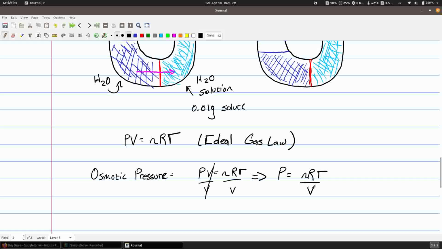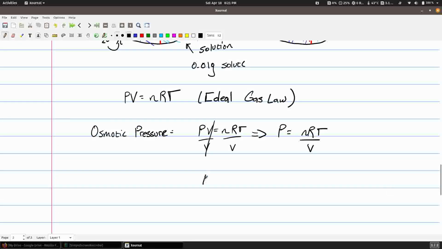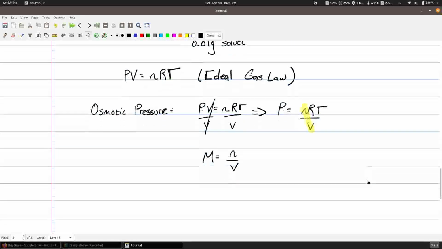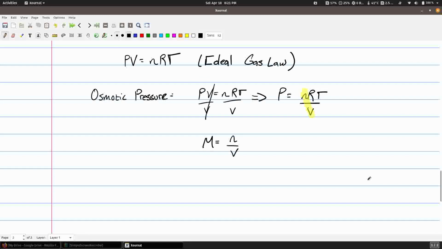And we just learned about dilutions. So if you remember, molarity equals n over V, right? So the formula for osmotic pressure has to do with the amount of ions in solution with the van 't Hoff factor, but it's essentially this.